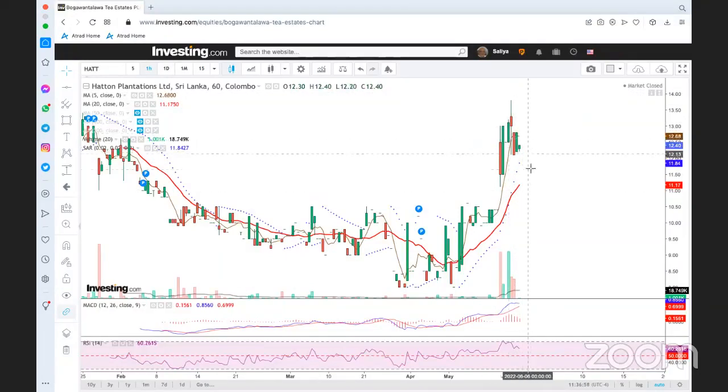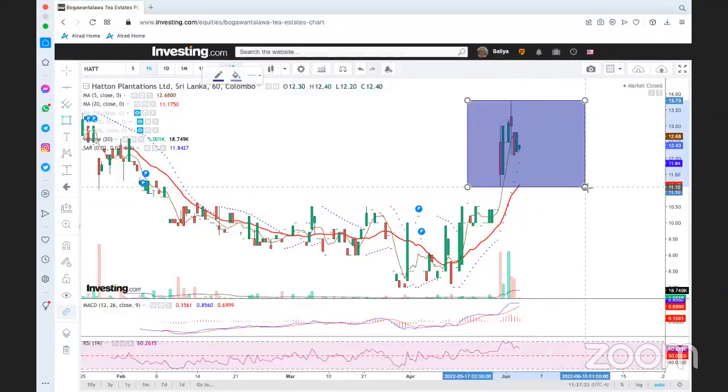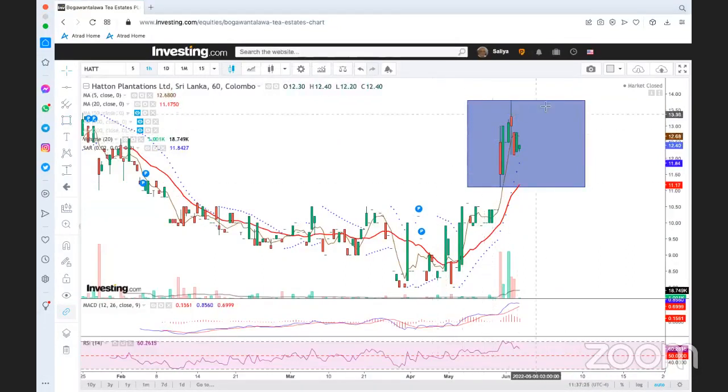So we will have to look at how the prices are going to behave within this area, from this low of 1110 to this high of 1380. The behavior in this area will be very important. With that, we can go to the shorter time frame.